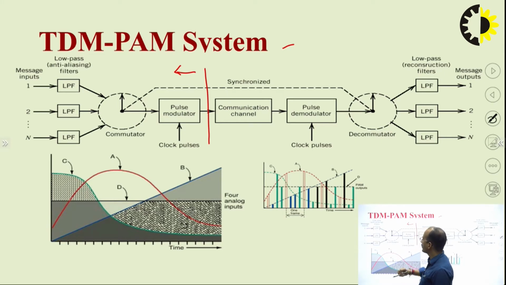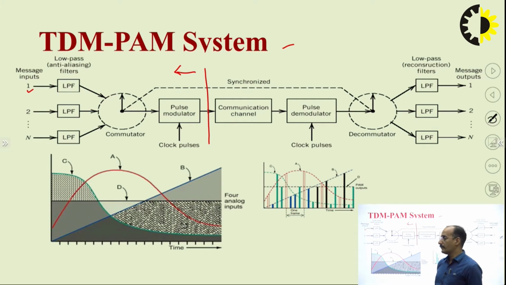Here you can see that these are the message inputs, means sensor inputs, sensor 1, 2, 3, 4. Now, in the TDM process, what is actually done? You are performing the sampling. And for the sampling, as you studied earlier in the previous lectures, you follow the Nyquist theorem for the sampling process.